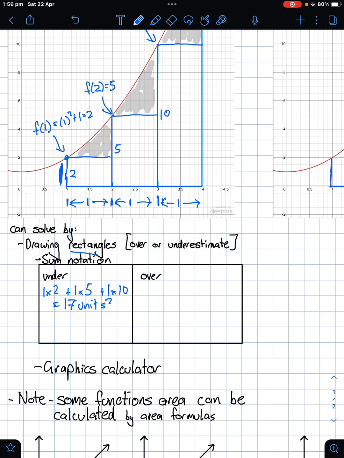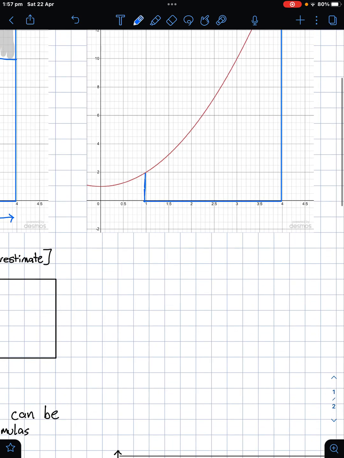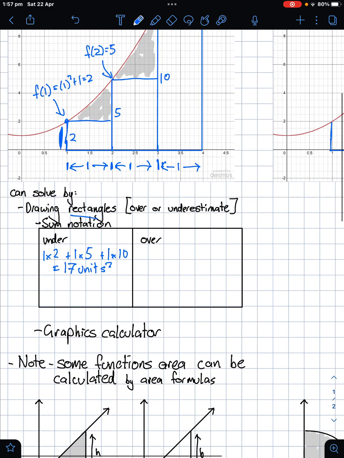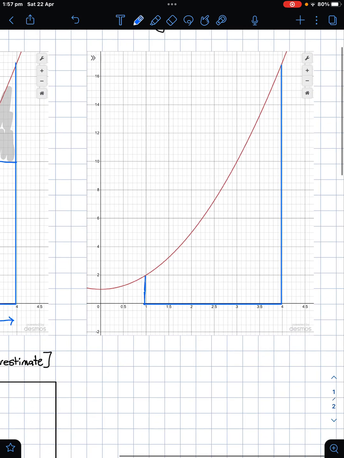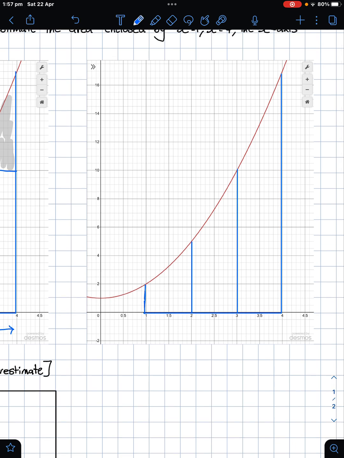Okay, I'll finish the overestimate first and then I'll come back to sum notation. So that's our underestimate, 17 units. And then we're going to consider our overestimate, where we still break this into the rectangles we were doing before, but this time we're going to go, well, hang on a sec, why don't I do an overestimate here?